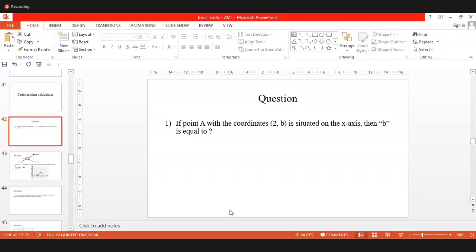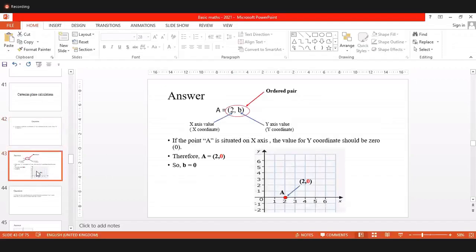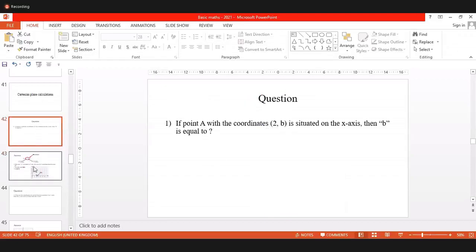Yes, sir. What is the answer? 0. Yes, good. Very good. Abhishan, you got it? Yes, sir, got it. What is the answer? 0. Yeah, good.